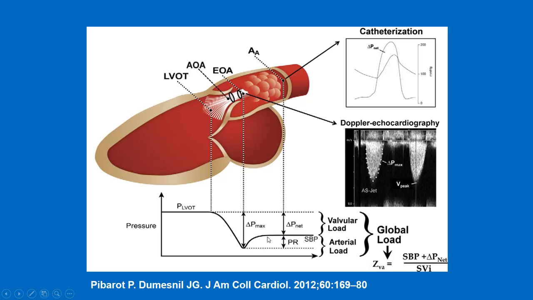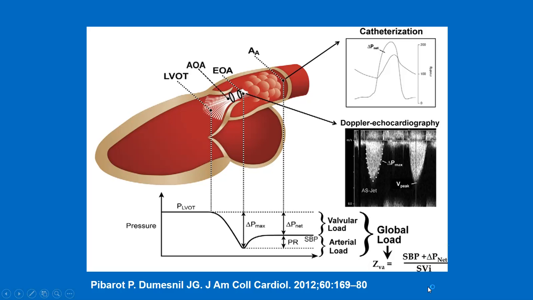The global hemodynamic load imposed on the left ventricle during ejection is a summation of the valvular load and arterial load. It's expressed as a global afterload, the valvulo-arterial impedance, which is the summation of systolic blood pressure and mean pressure gradient divided by stroke volume index.